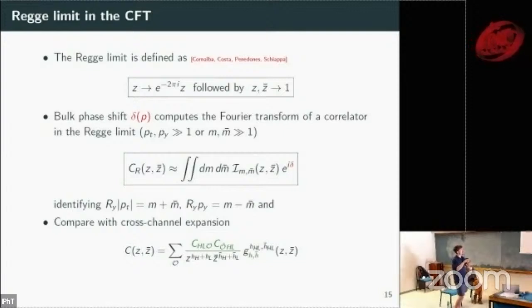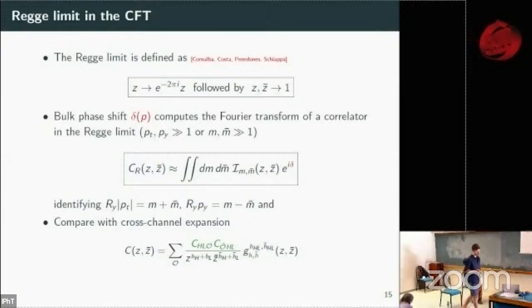But here we then analytically continue one of them. Z and Z bar, sorry, are the usual cross ratios in 2D. Then you take some limit together on the second sheet, since these correlation functions usually have branch cuts. So you have access to a completely different part of the spectrum.